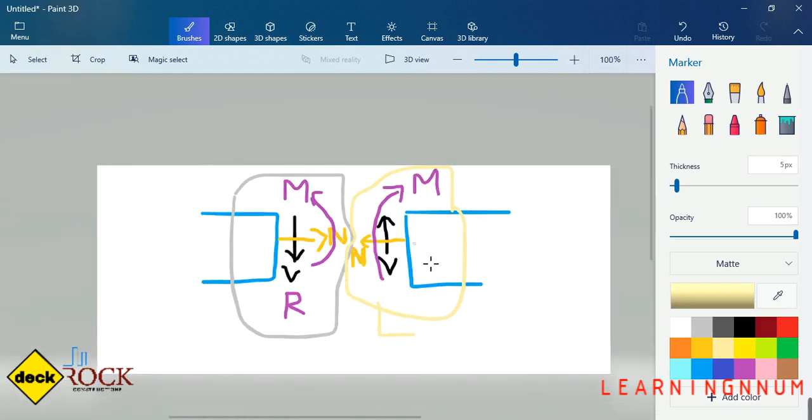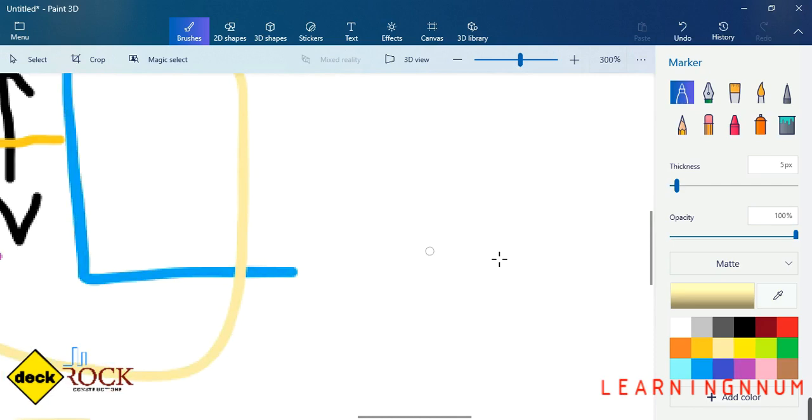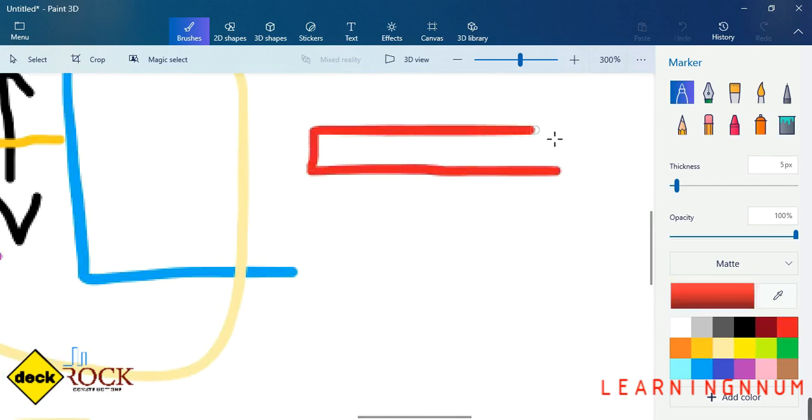Now what does that mean? Suppose here you have a UDL, a uniformly distributed load. That means along the length it is uniformly distributed. Suppose I am taking a section at this point.